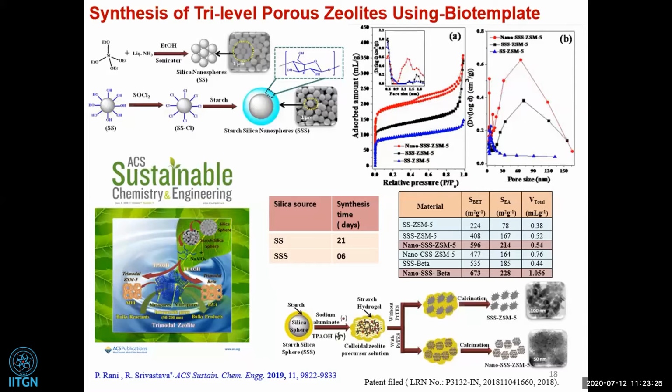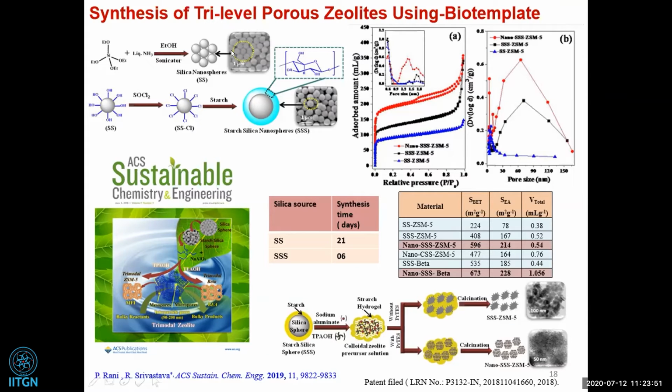We developed very recently a strategy in which we have taken the silica and coated starch on the silica. Then we employed this starch-coated silica in the synthesis composition. We observed that when we did not coat the starch, we required 21 days for synthesis. But when we added the starch over it, we were able to do the synthesis in only 6 days.